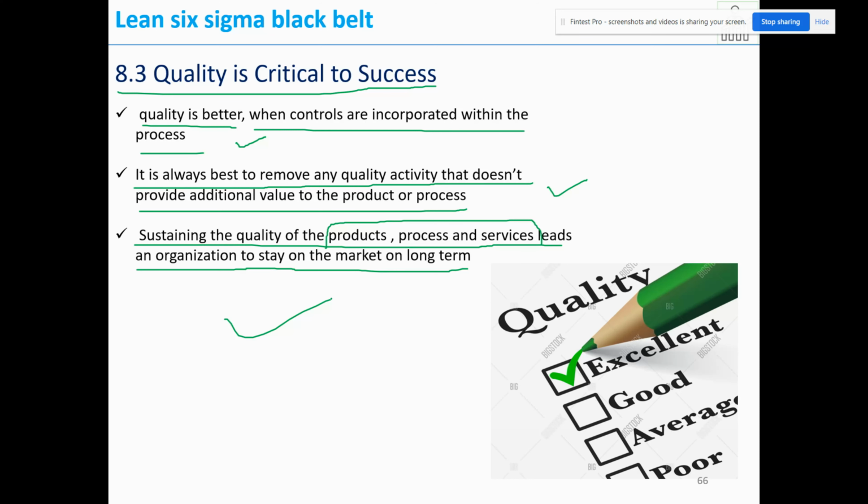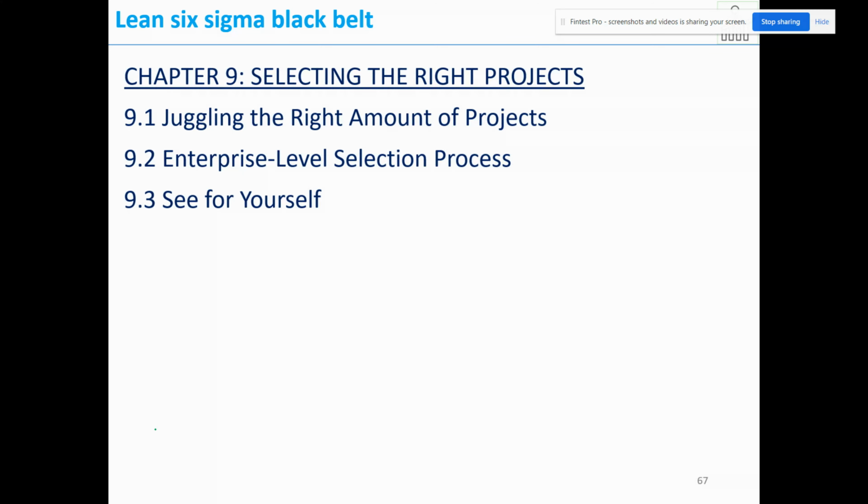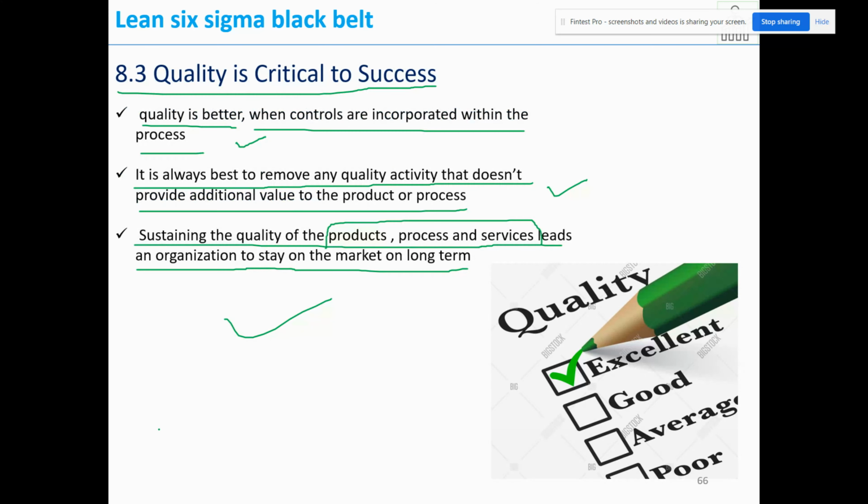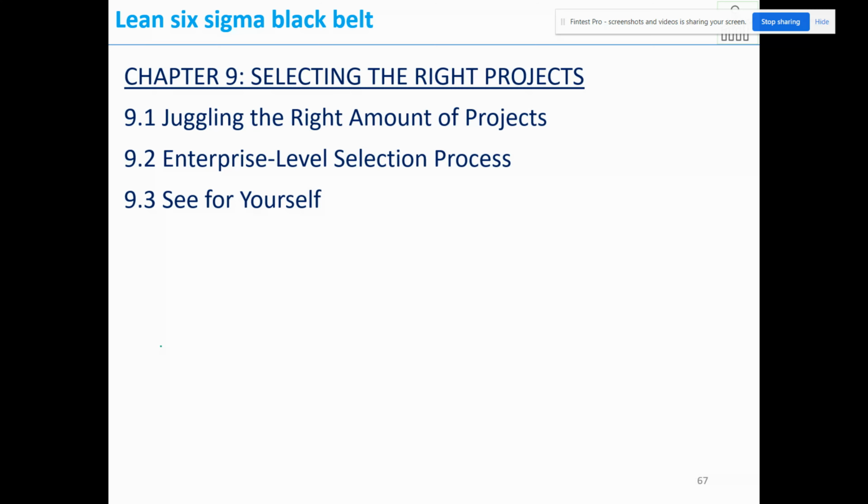We sustain in the long term in the market. Next. So till now we have learned how quality is very important, and few critical things like cost of quality and cost of poor quality. So next we'll be seeing chapter 9, selecting the right projects.